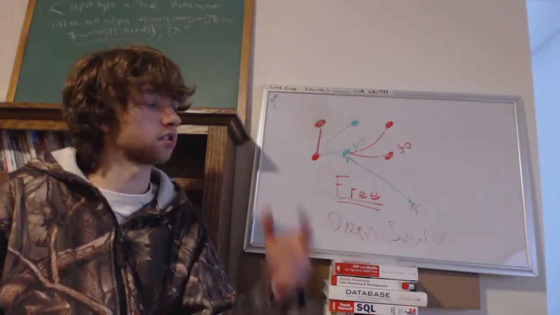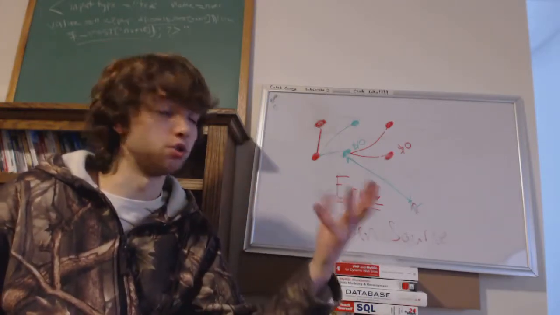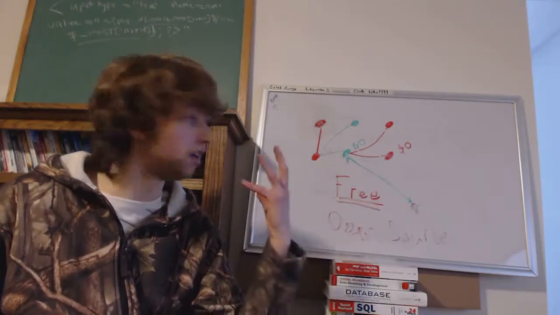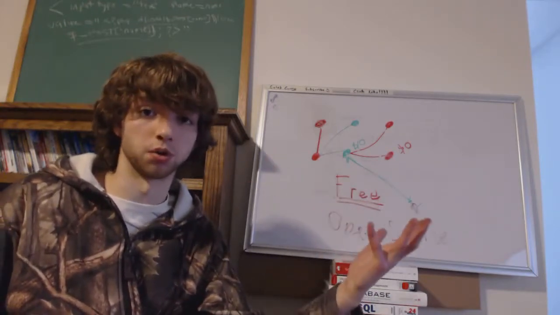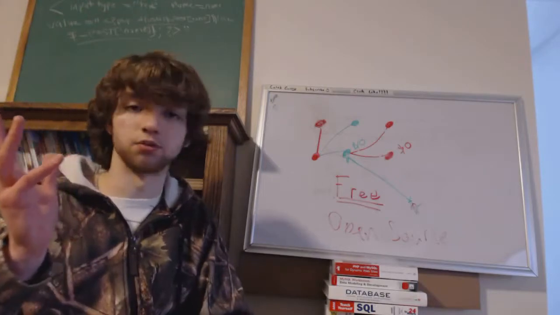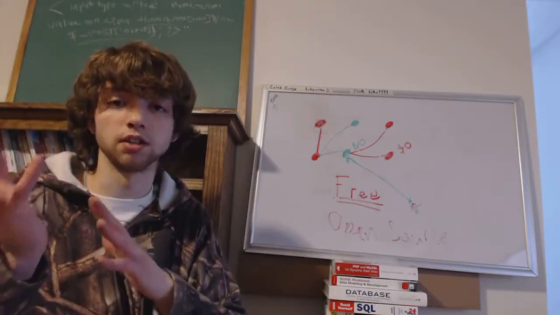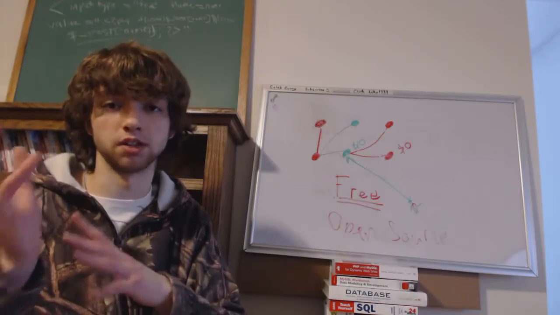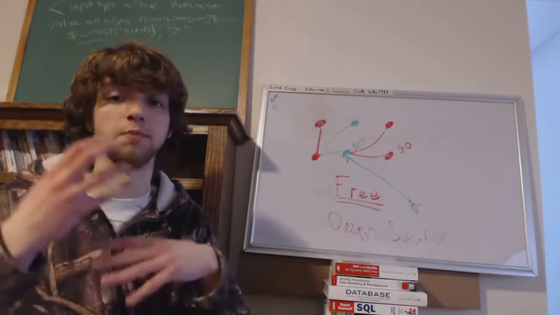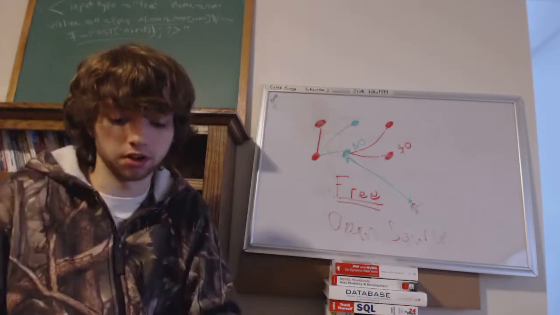So there's two distinctions. Free software allows you to do a lot of stuff with the software, and it's always open source. Open source software is always open source, but it doesn't always allow you to do certain things with this software, such as redistributing it, modifying it, and so forth.